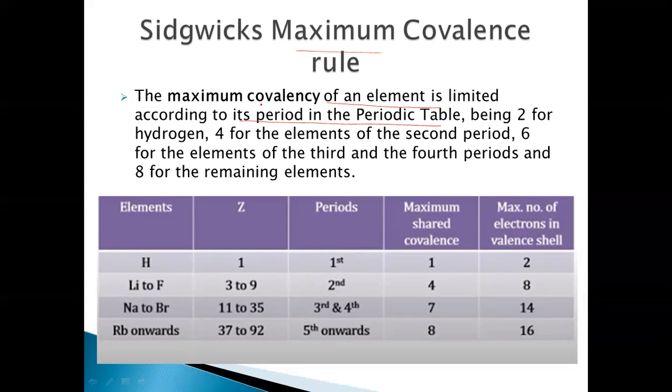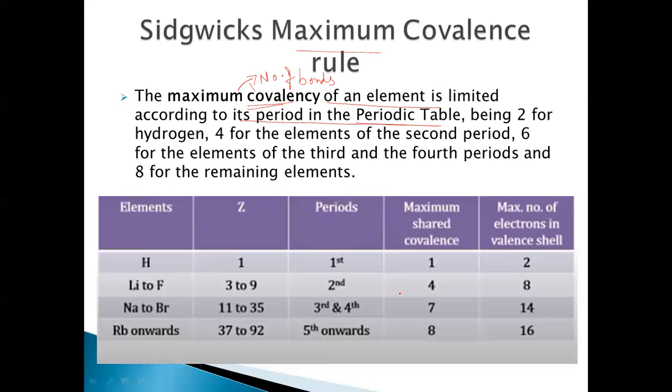The covalency is nothing but the number of bonds an element can form. So it depends upon the position of that particular element in the periodic table.